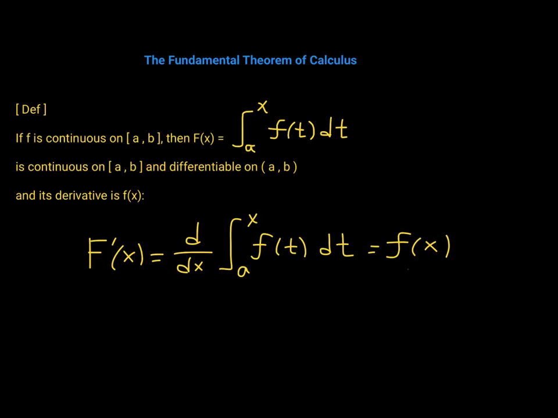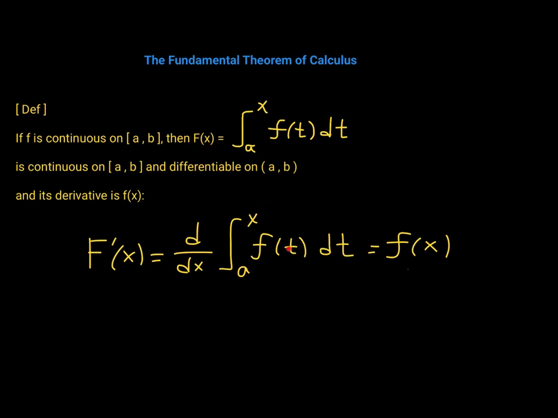Now, just before we look at a couple examples, I want us to notice that x appears as the upper limit here. In some of these examples, x will be the upper limit. Other times, it'll be the lower limit of integration. What's really important is that the independent variable is x, okay?